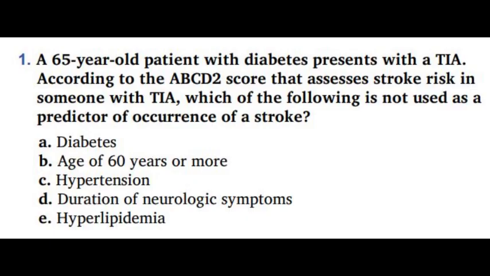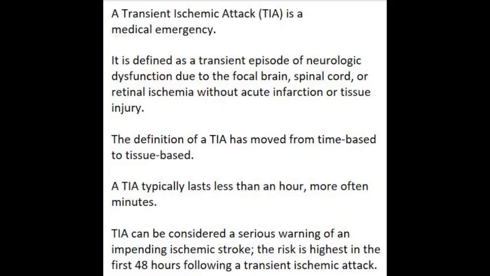But let us dive into what a TIA is and the assessment of a TIA as regards to stroke risks. A TIA basically means a transient ischemic attack, and it's actually a medical emergency. It is defined as a transient episode of neurological dysfunction due to focal brain, spinal cord, or retinal ischemia without an acute infarction or tissue injury.